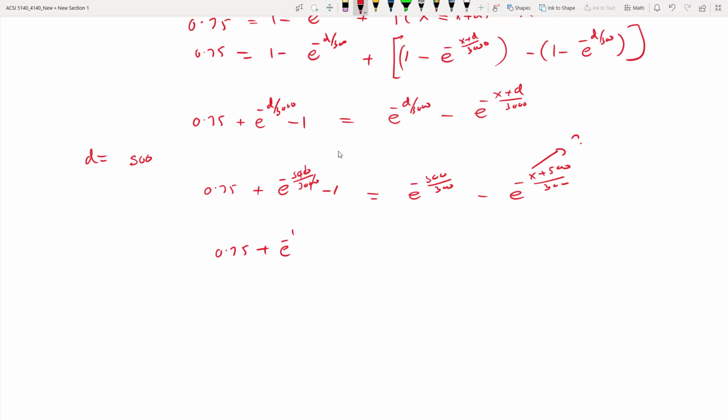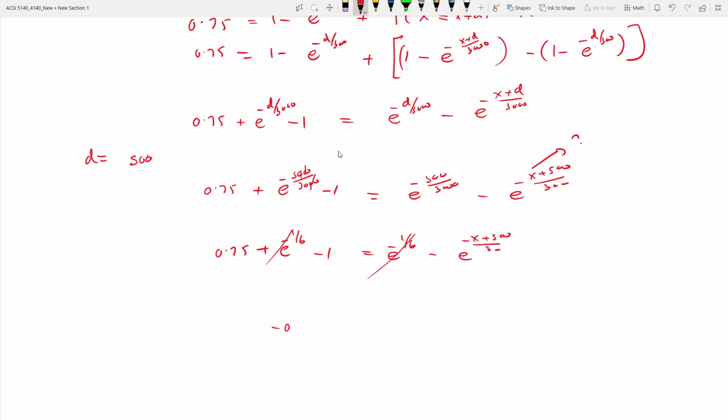So negative 1 over 6 minus 1 equals negative 1 over 6. Actually, you can take 500 over 3000, you can leave it as this. So this is cancelled out.